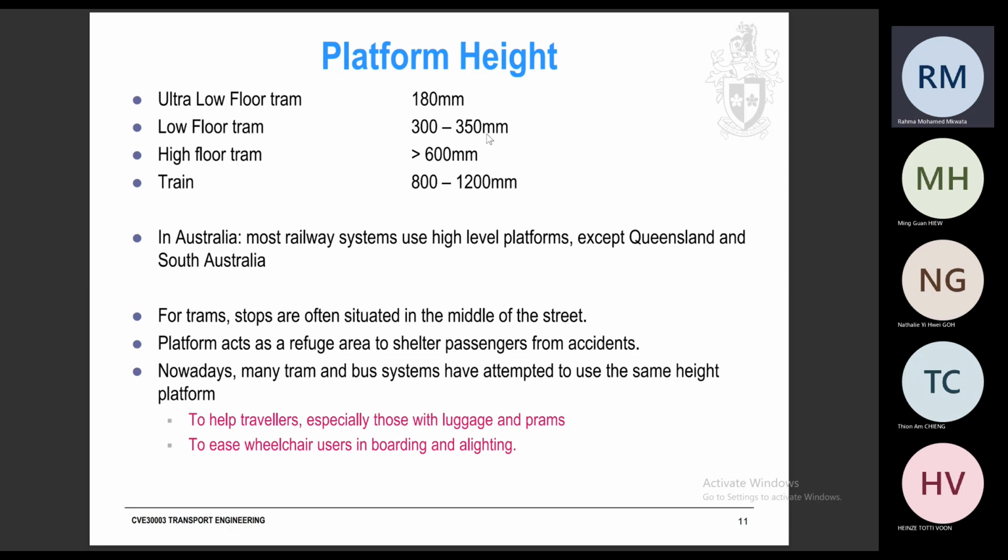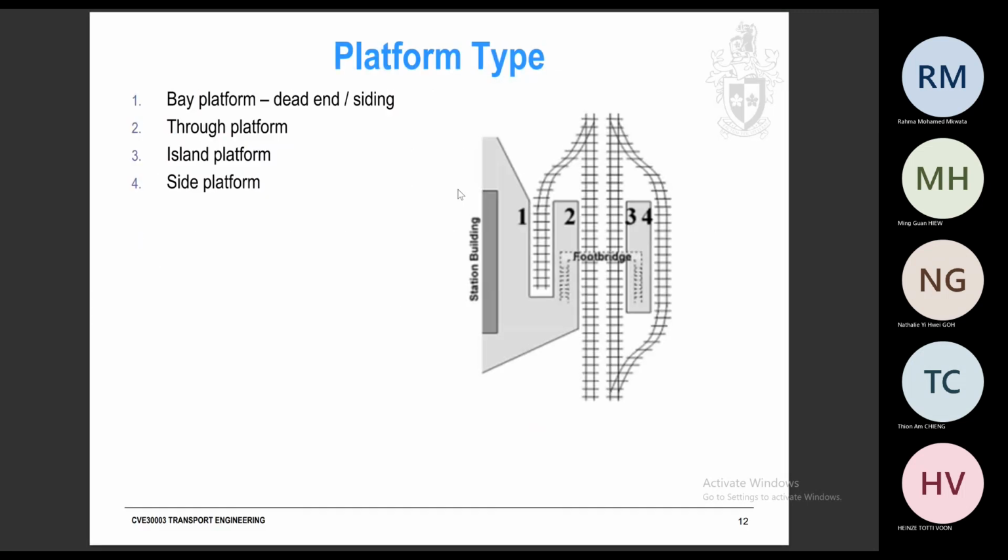Very low floor, you see it's around this height, and the train is very high above the ground, 800 to 1200 millimeter. This is very high, so you need some sort of platform that is built higher than your ground level, so that it tallies with your train floor.